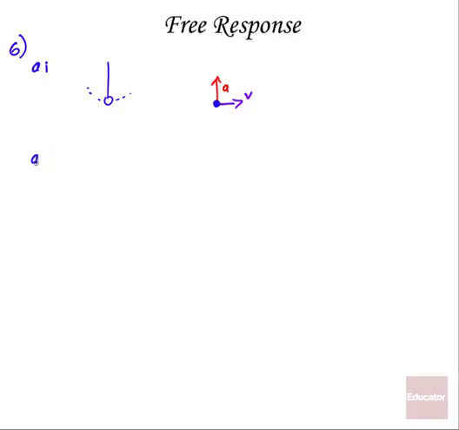Now for A2, we're going to do the same thing for point Q. At point Q, we're looking at our pendulum when it's at its highest point over here. That's not overly pretty, but I think you get the idea. Here is our point Q. At its highest point there, for a split second, it stops.